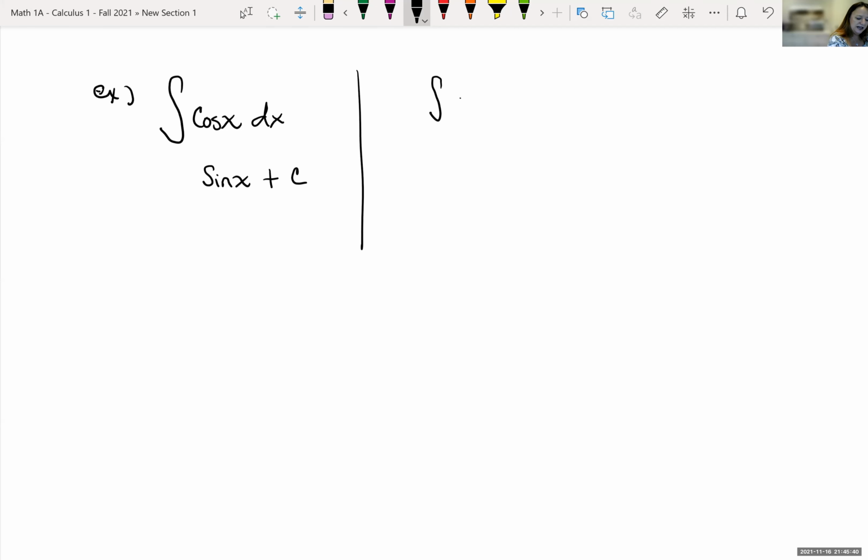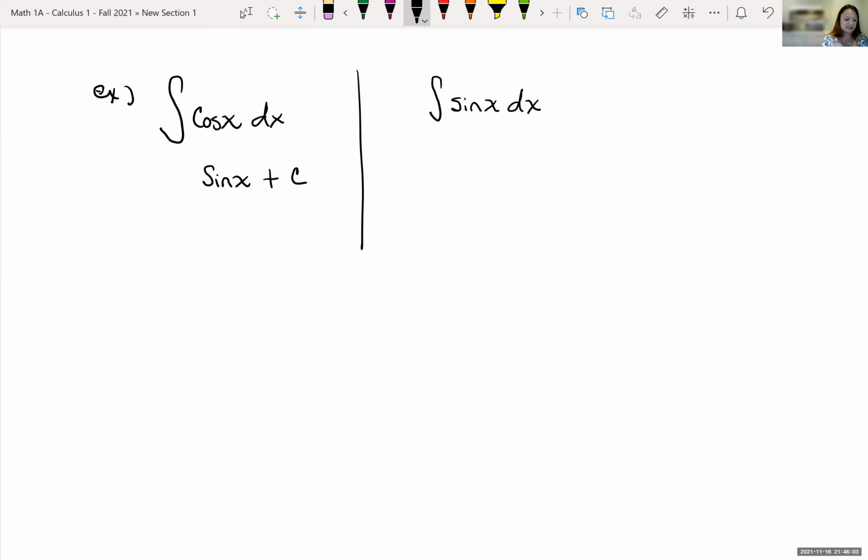Okay, well, what about antiderivative of sine of x, or the indefinite integral of sine of x dx? Well, what we take the derivative of to get sine x, if we took the derivative of cosine x, that is negative sine of x. And so I don't want the negative in front of that.